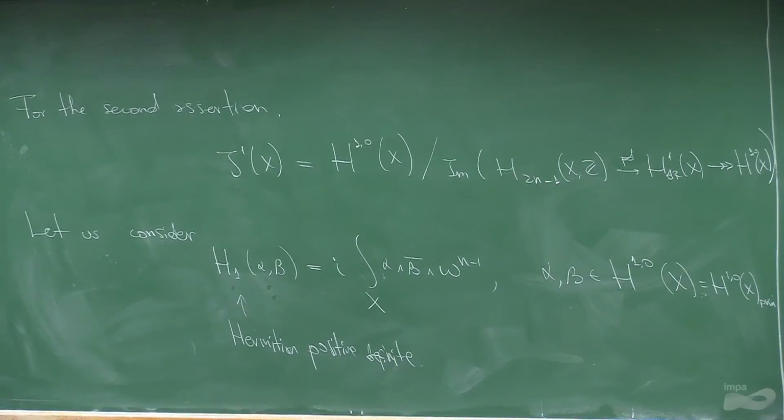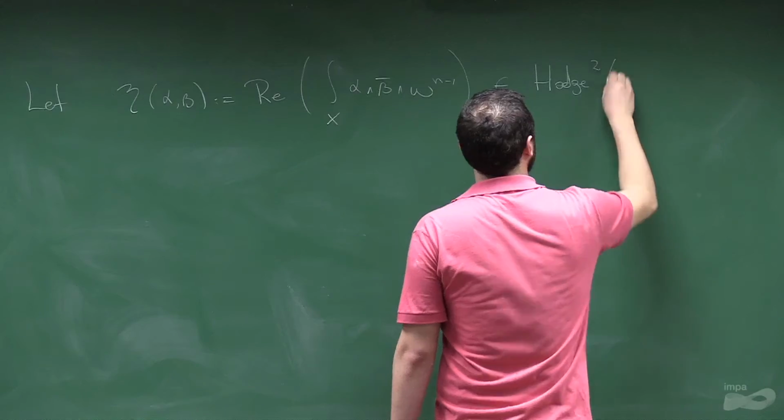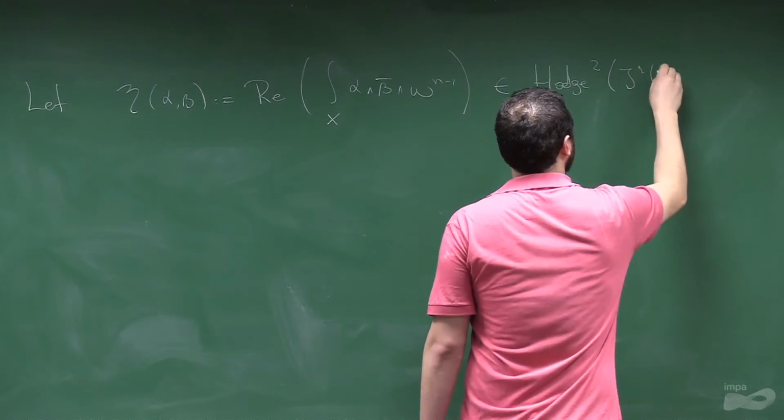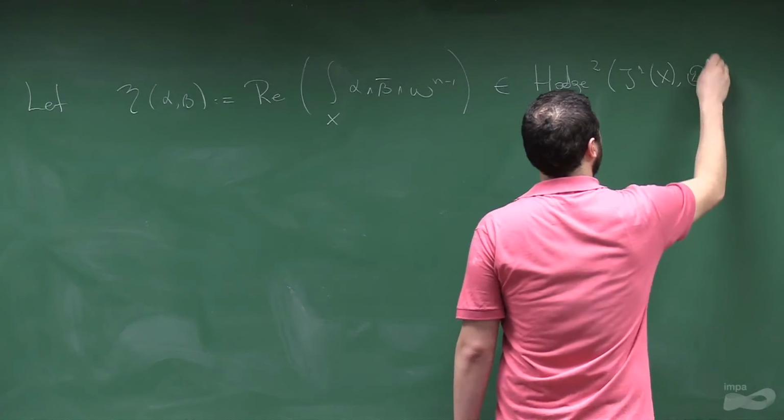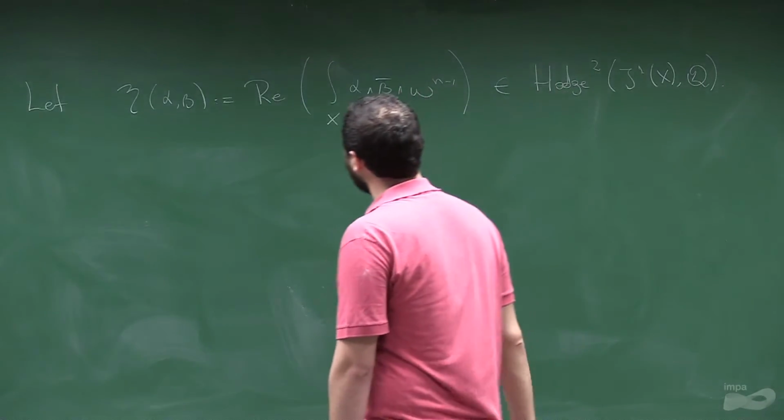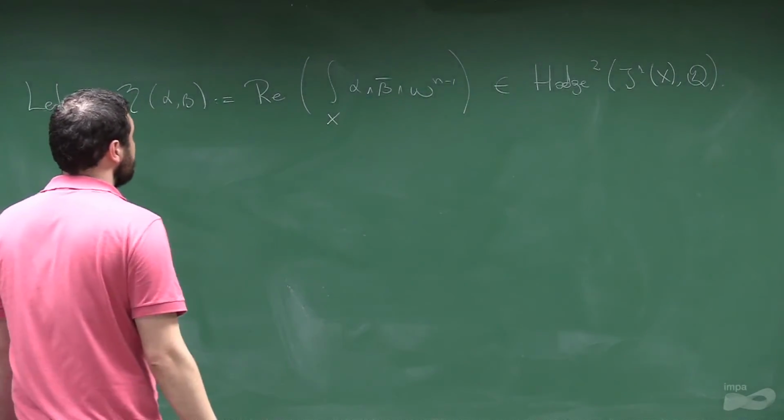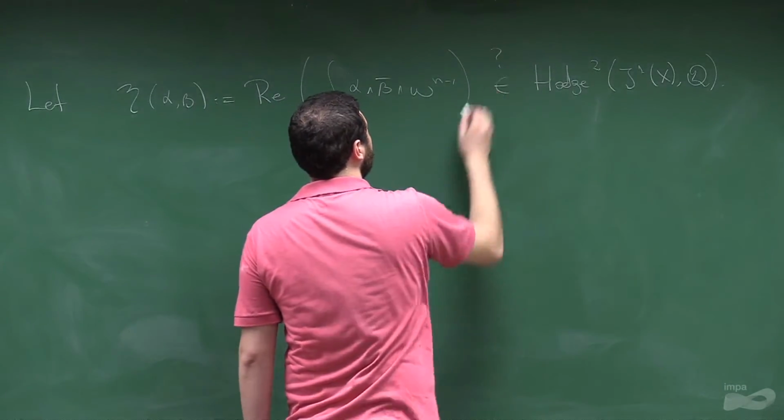So we want to prove that this is Hodge, right? This is what we want to check, right?